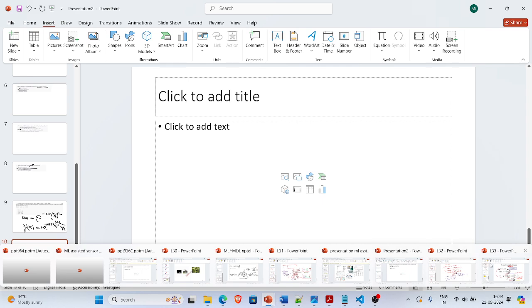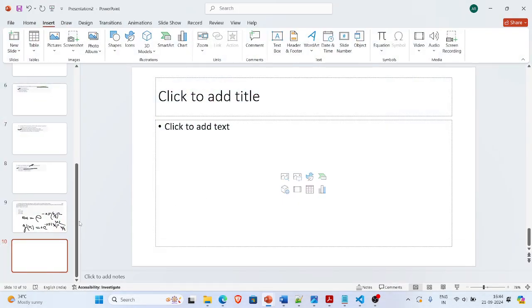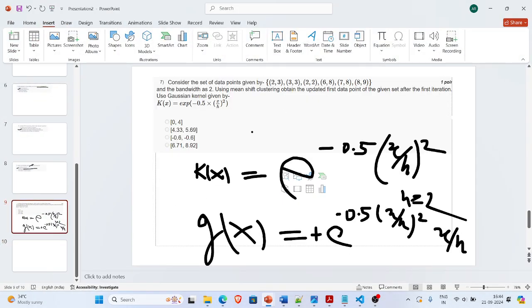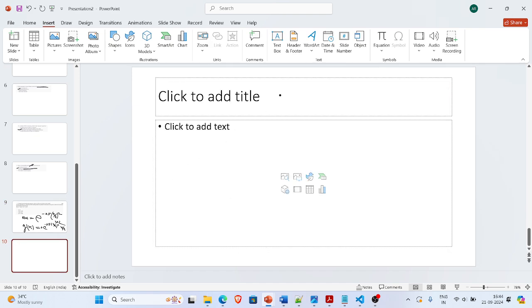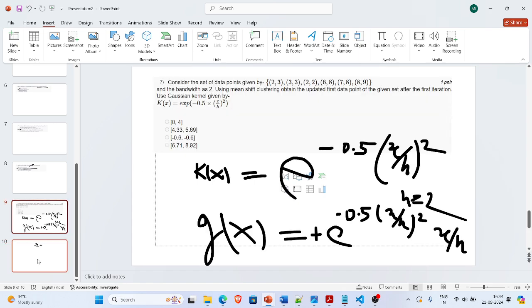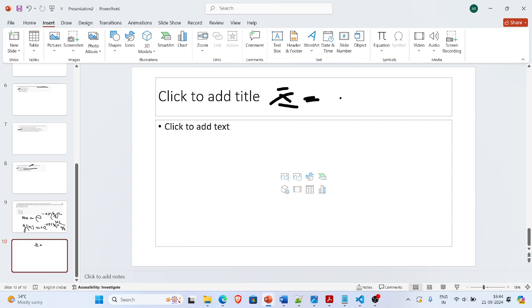So the mean of these points: first x bar is equal to (2 + 3 + 5 + 5 + 7 + 7 + 6 + 10 + 13 + 20) = 28 by 6, so 28 by 6.